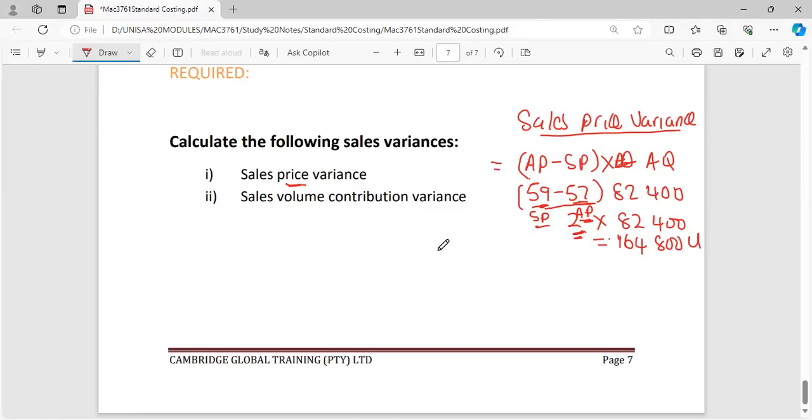Right? Anyone with a question before we do the last one, the sales volume contribution variance?